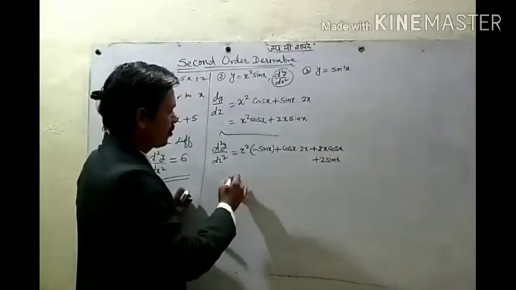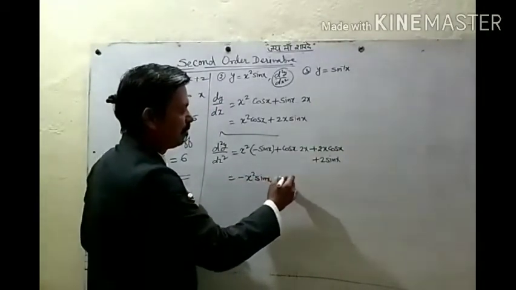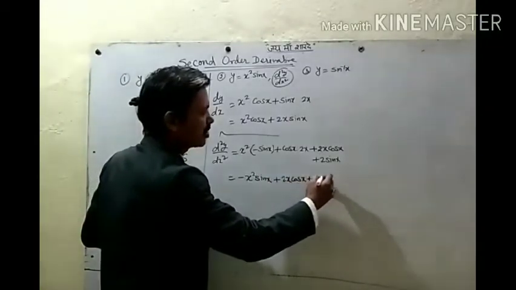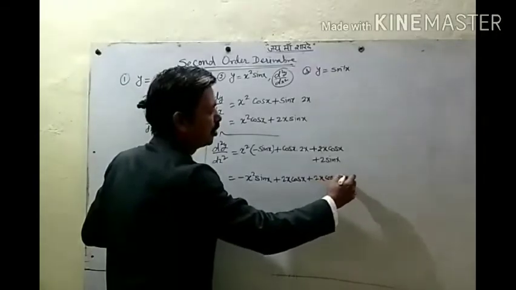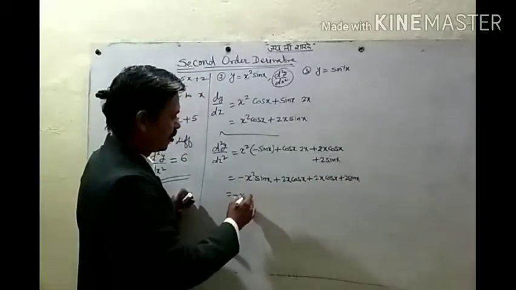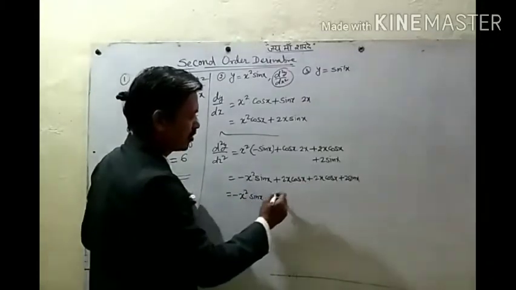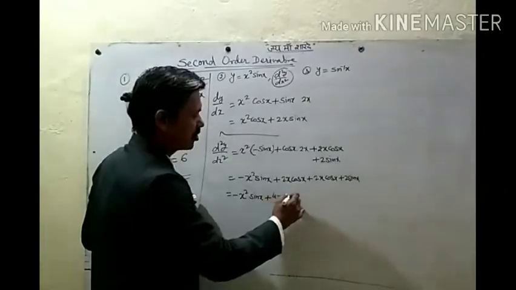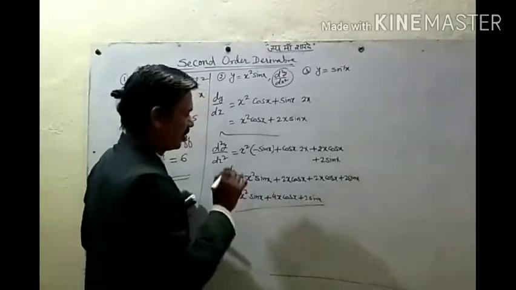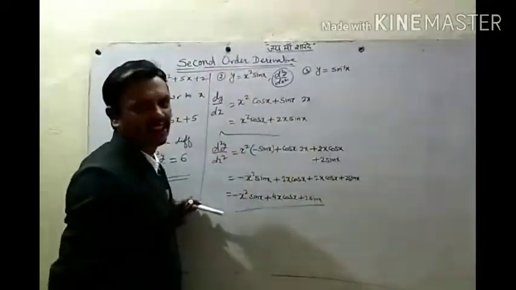So what we have is minus x square sin x plus 2x cos x plus 2x cos x plus 2 sin x. So it will be minus x square sin x, plus 4x cos x, plus 2 sin x. This is the second order derivative of x square sin x.